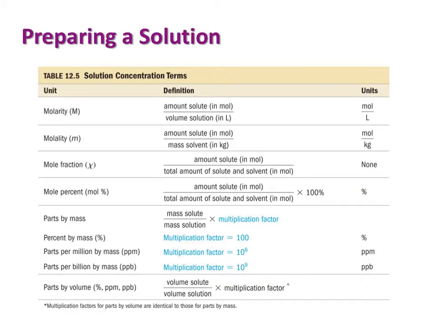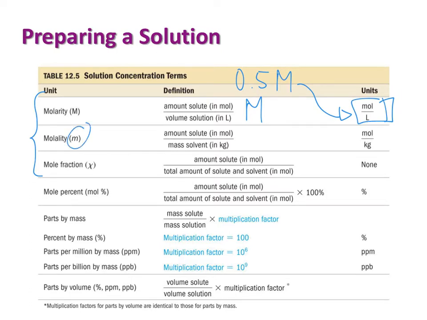Before we go into practicing, I do want to show you the units and compare how these look. Molarity, the units will be mole per liter. Anytime you see molarity stated like that, because you can say something is 0.5 molar, know that the capital M is equivalent to mole per liter. In the same way, m for molality is equivalent to mole per kilogram.